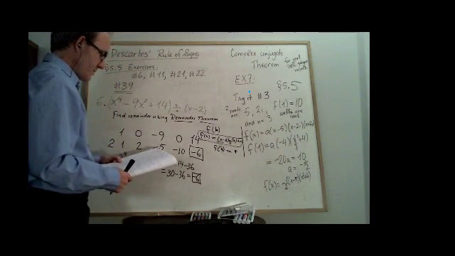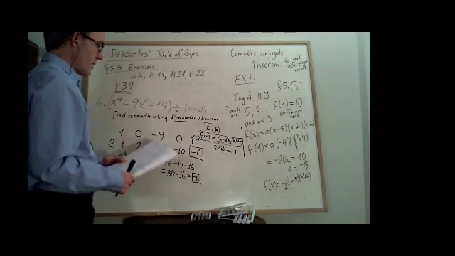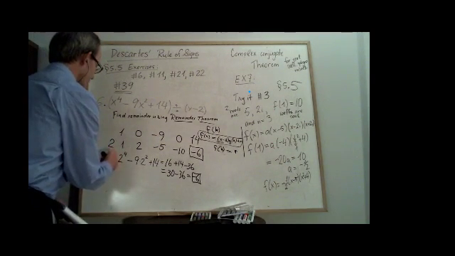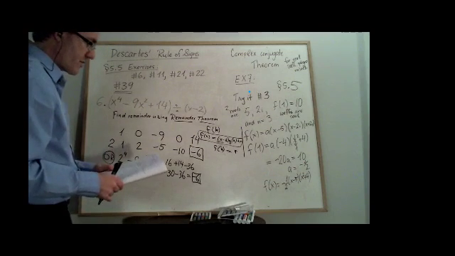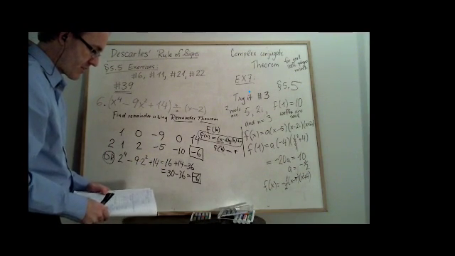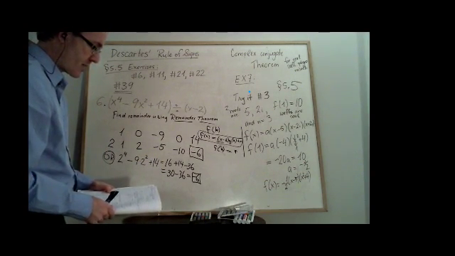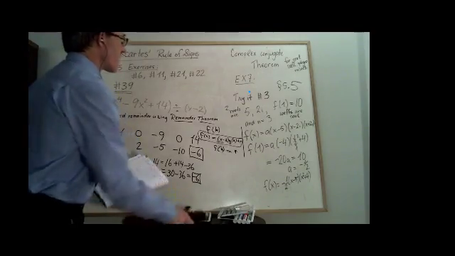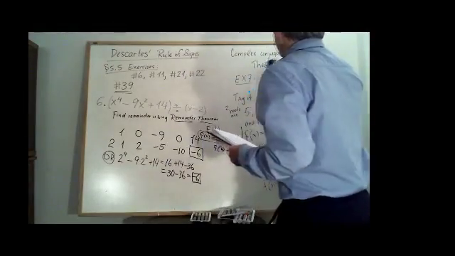Okay. Number 11. Use the remainder theorem to find the remainder obtained by dividing x to the 4th minus 1 by x minus 4.